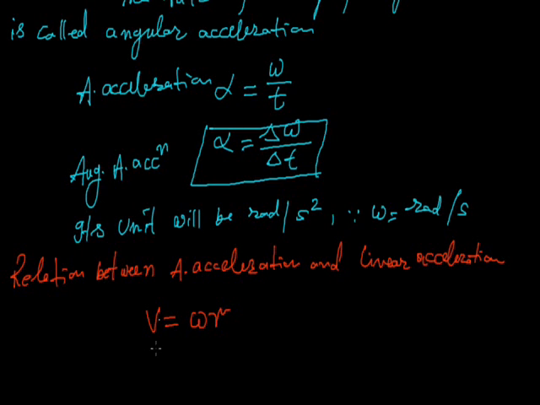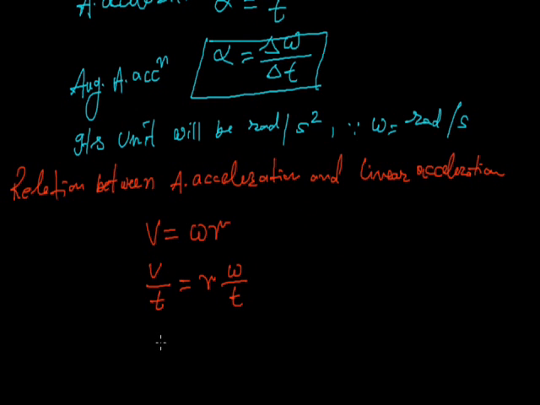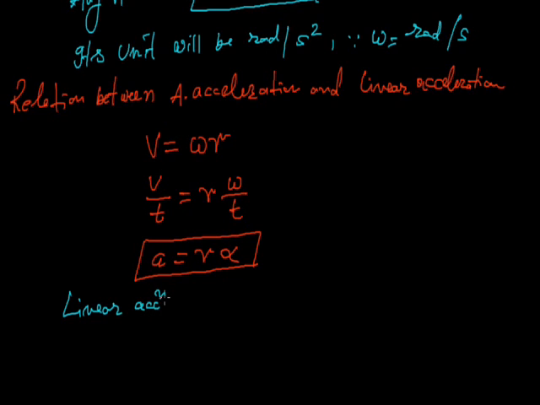After dividing both the sides by t, v by t will be equal to r omega by t, and v by t is called acceleration, that is a, and omega by t is alpha. So linear acceleration a will be equal to r into alpha. Linear acceleration will be equal to radius into angular acceleration.